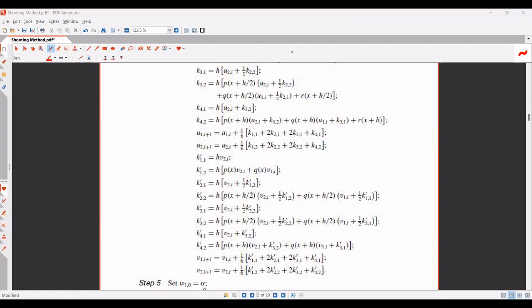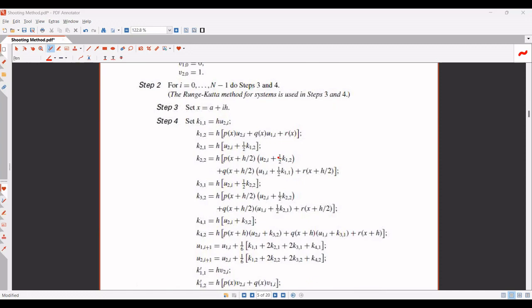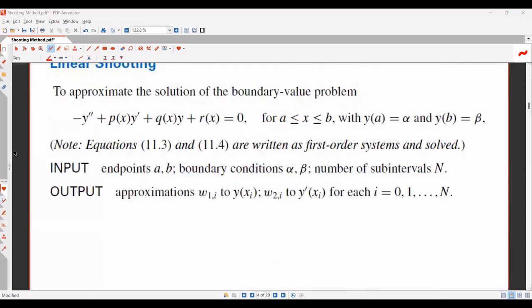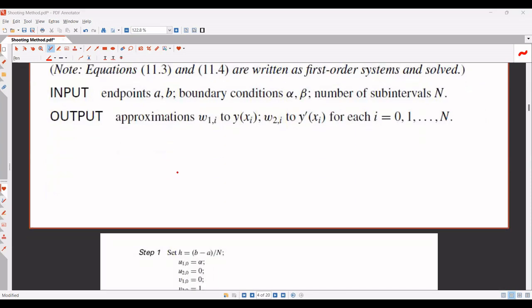This one works like that as well, but you have to understand that here the original problem is also second order. So while solving the two initial value problems, both of which are second order, you have to convert each of them into a system of two first order differential equations, right?